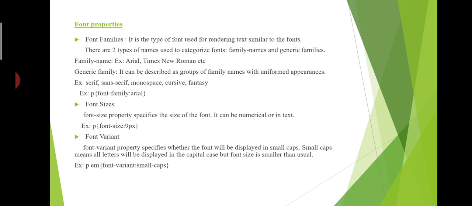So according to this property, the letters will be displayed in capitals, but the size will be smaller. See the example: P, EM, font-variant, colon, small-caps. That means the content of the EM present in the P tag will be displayed with small capital letters in a small size.